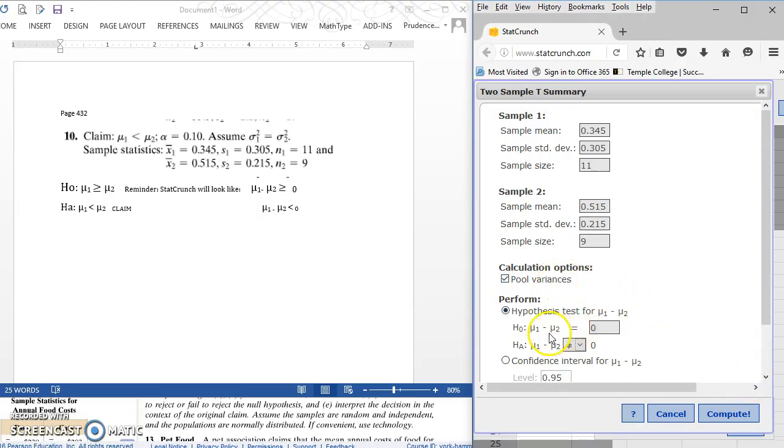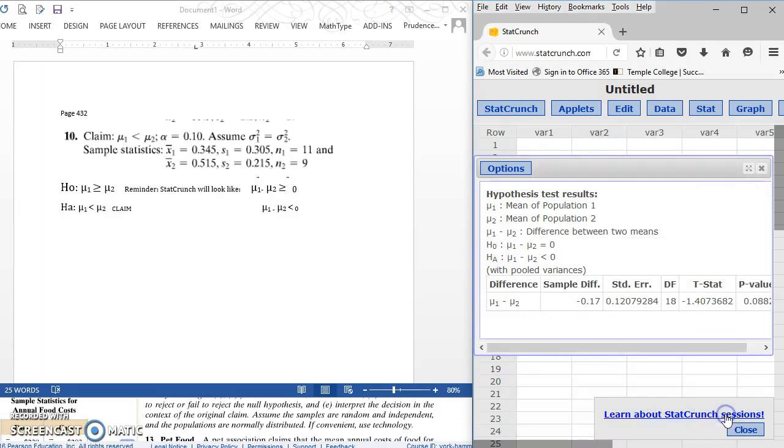Now we're doing a hypothesis test, and remember I told you that they would do the subtraction, and we can't change this equality here in StatCrunch, but we can change it for H sub A, which we need to be less than. So do the drop-down list and select less than 0, and click compute.